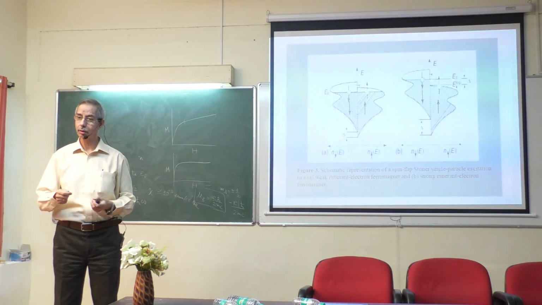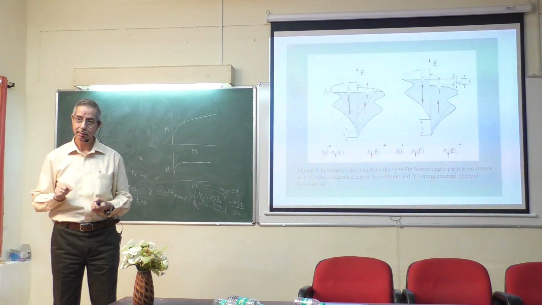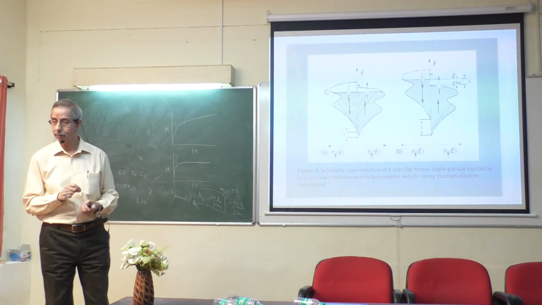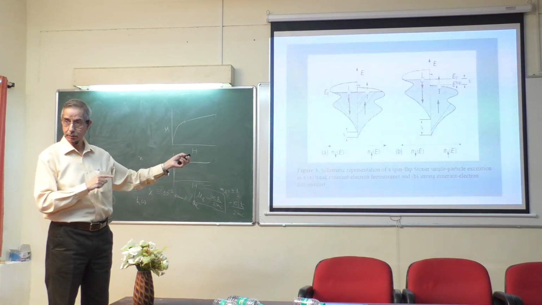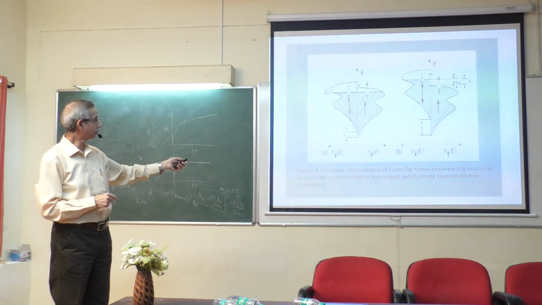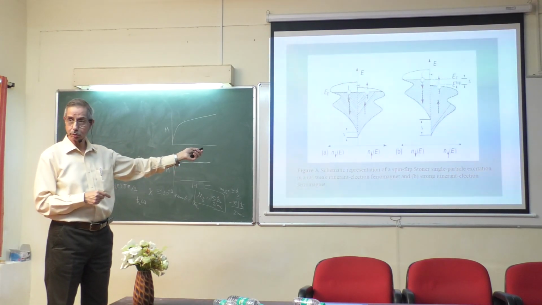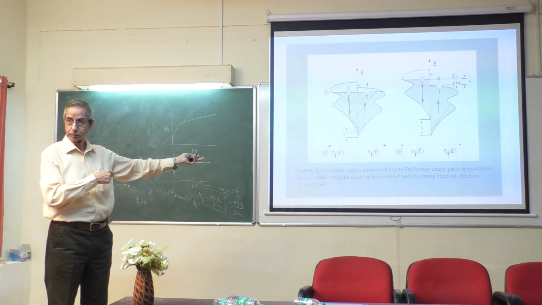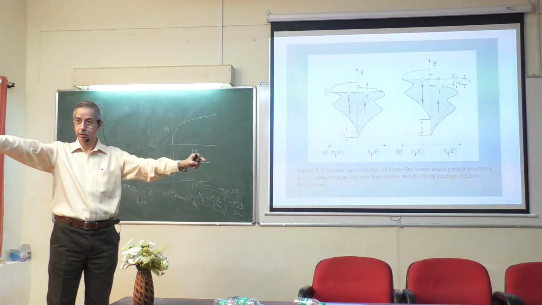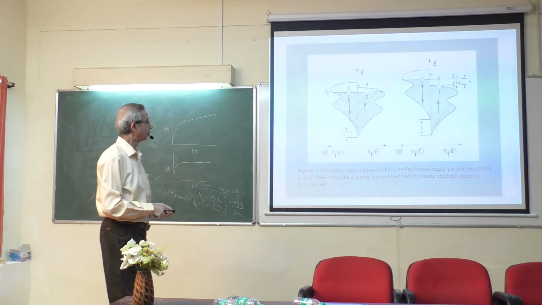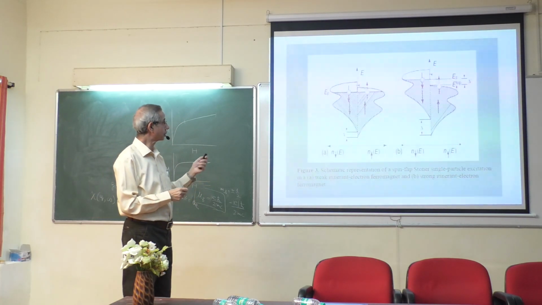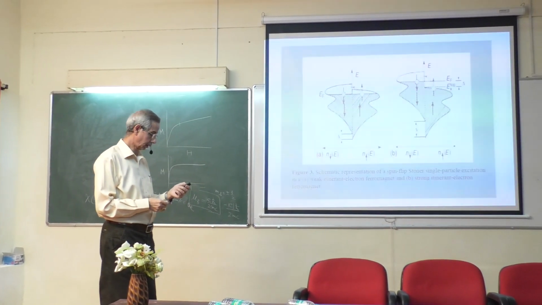So that's why it's called Stoner's single particle excitation. This amounts to an excitation because this is a higher energy than the ground state. The ground state would have been when this was just occupied, with no hole, because we have not moved any electron. All those states are filled up to the Fermi level. So this is what is called the Stoner single particle excitation.